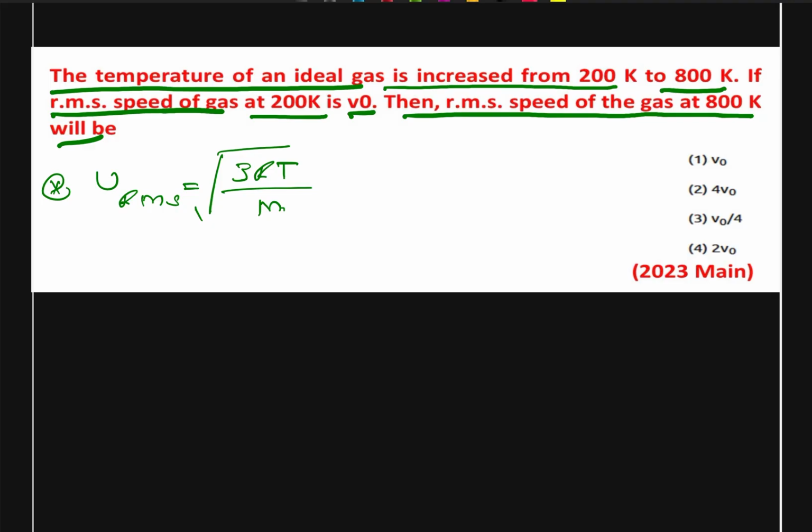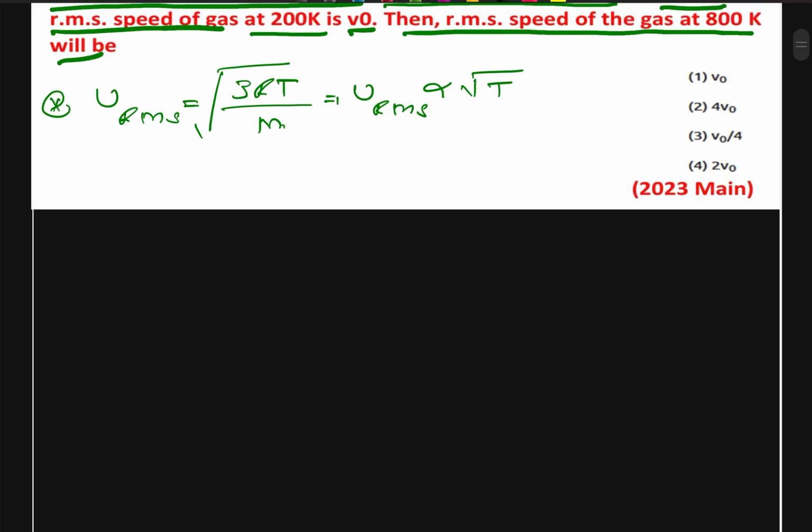Therefore, we can say from here that because the gas is the same, only the temperature is different, so the value of R and M will be the same for the gas, so v.r.m.s will be proportional to the square root of temperature. And we can write the formula for our v.r.m.s at 800 divided by v.r.m.s at 200 will be equal to the square root of temperature of 800 divided by temperature of 200.